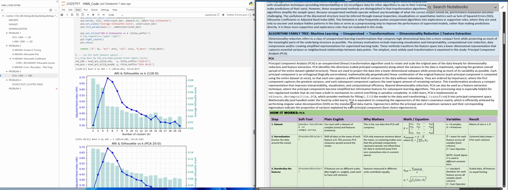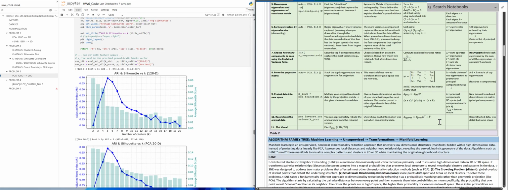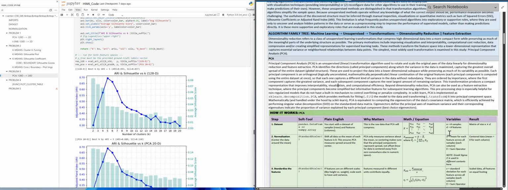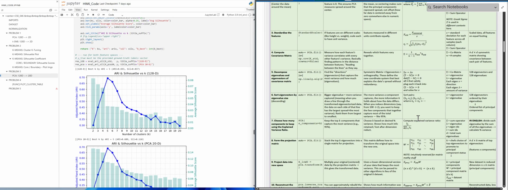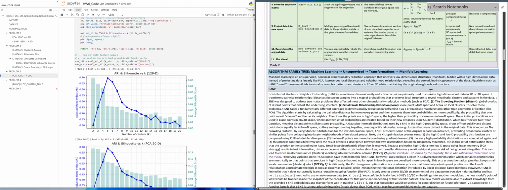And then matrix multiplication magic happens, and each sample is multiplied with the principal component matrix to provide a transformation into whatever dimensional space we've decided on. The visualizations that we go over are 2D. You do it into 2D or 3D so that you can visualize it.